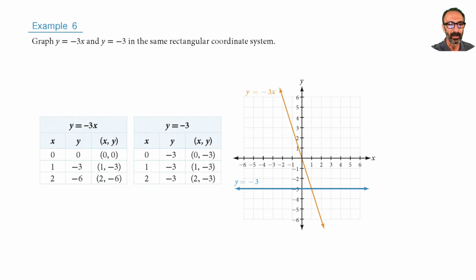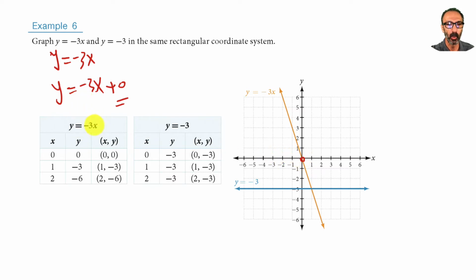Now let's talk about graphing y equals negative 3x and y equals negative 3 and see what's the difference. Graphing y equals negative 3x, it's y equals negative 3x plus 0. So the y-intercept is 0, which is right there.